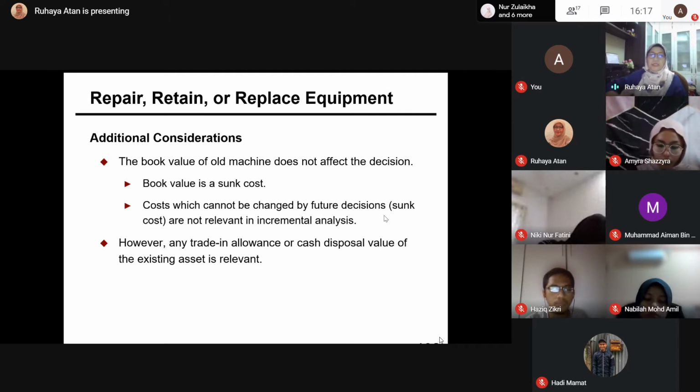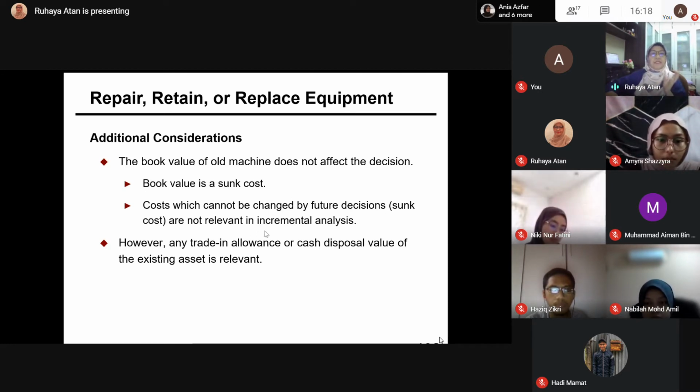You already incurred the depreciation of the machine. You have used up the machine. So all this doesn't make any difference anymore. So the book value is a sunk cost. Costs which cannot be changed by future decisions are not relevant anymore. So we don't use it in incremental analysis.